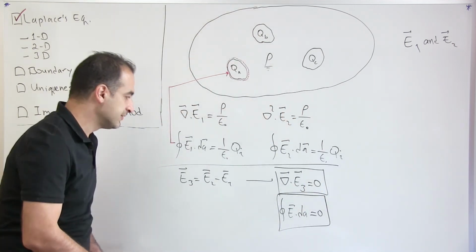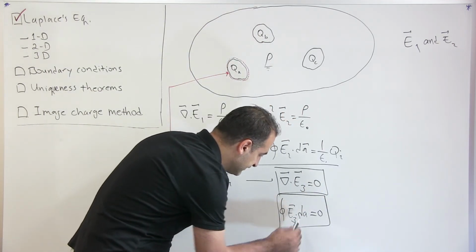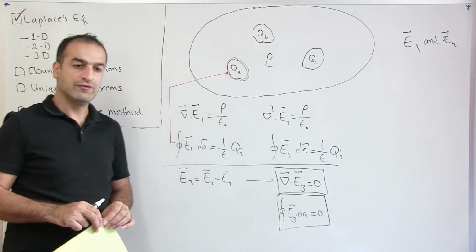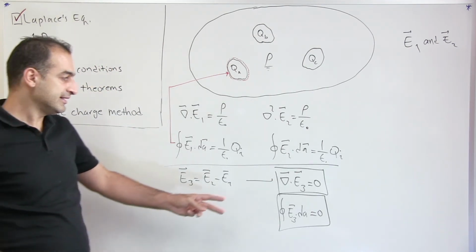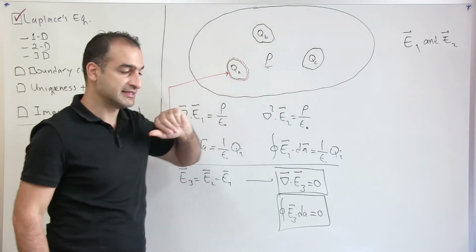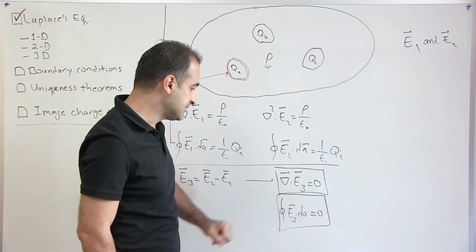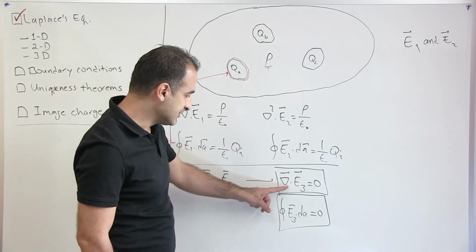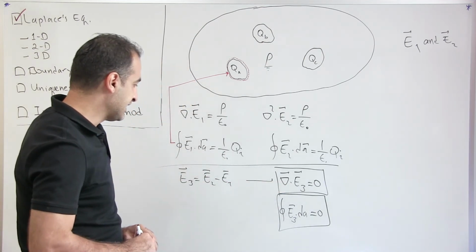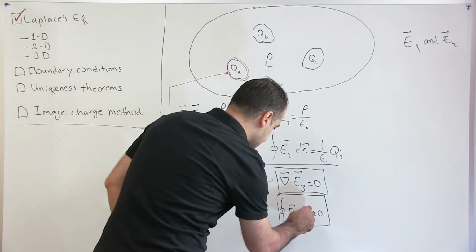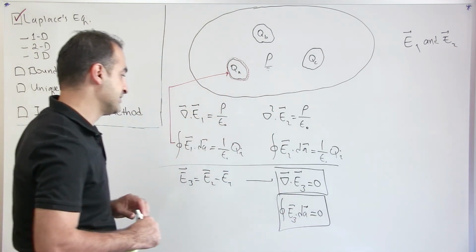So now from E3, we have these two pieces of information. So far we cannot show that E3 is necessarily 0 to conclude that E1 and E2 are the same, but we have these two pieces of information: the divergence of E3 is 0, and the integral of E3 around any area of the conductor is 0 as well.